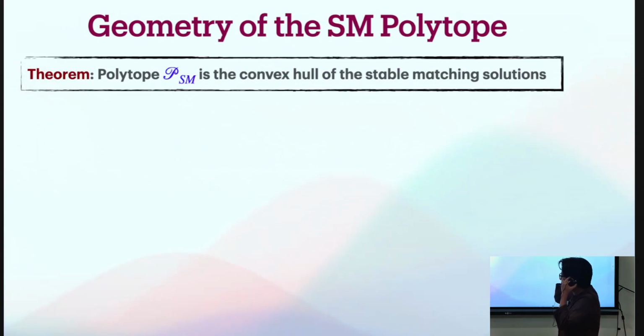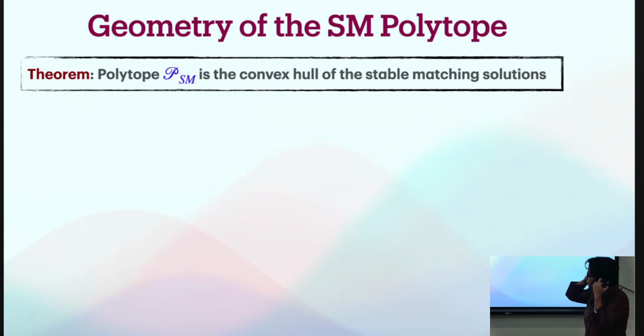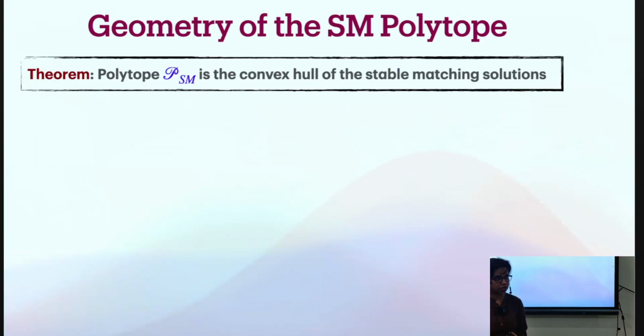This was a very significant result when it came out. This was given by T. Sethuraman in 1998. Yeah, wonderful paper really. So, it says that this PSM, the stable matching polytope, is the convex hull of all the stable matching solutions.